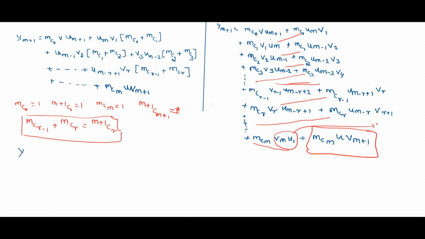So I will write Y^(M+1) is equal to, and the value of MC naught is equal to 1, so we are left with V U^(M+1) plus the next term, U^M V^1 into bracket.